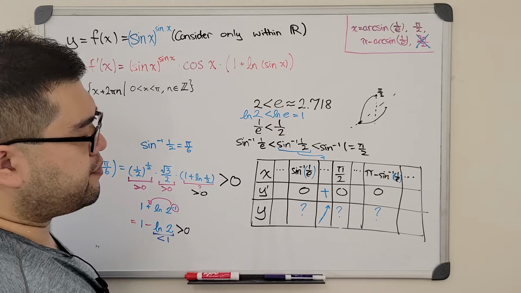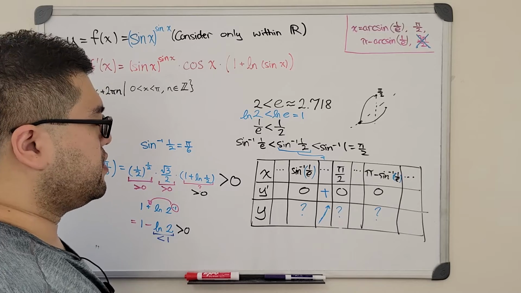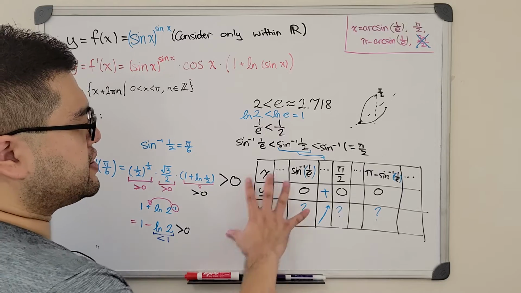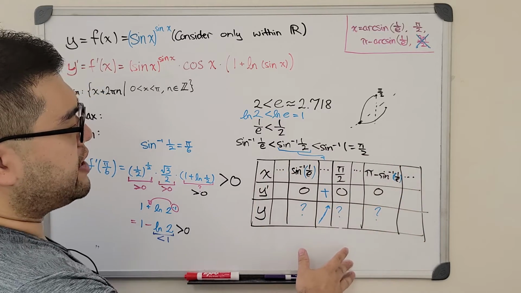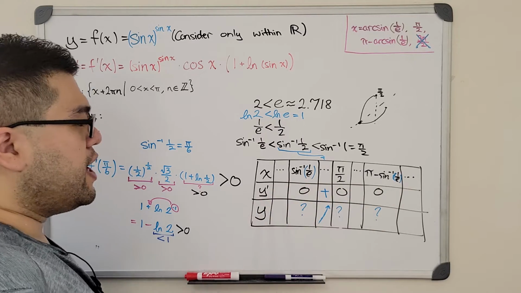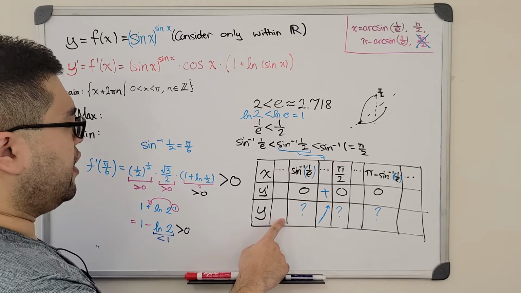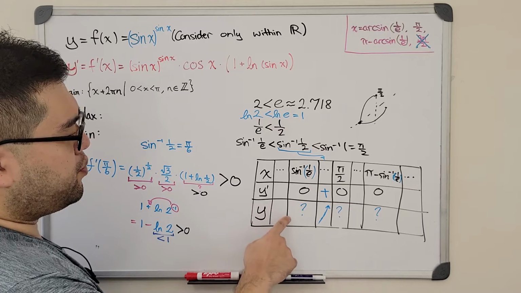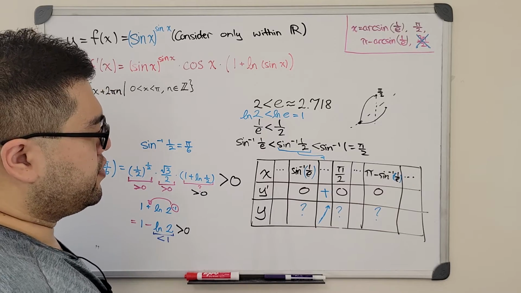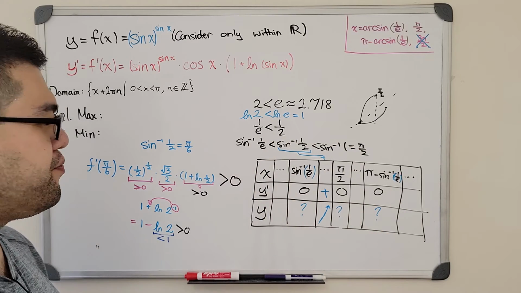So in the next video, at the beginning, you will be able to see a complete table that shows what signs we will get on the first derivative in each open interval, as well as the direction of the graph of the function in each open interval, so that we will be able to determine the relative maximum and relative minimum inside each interval.